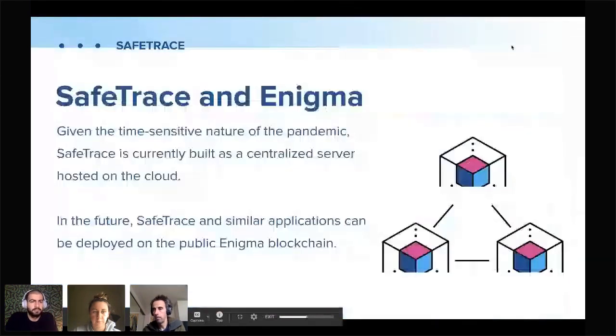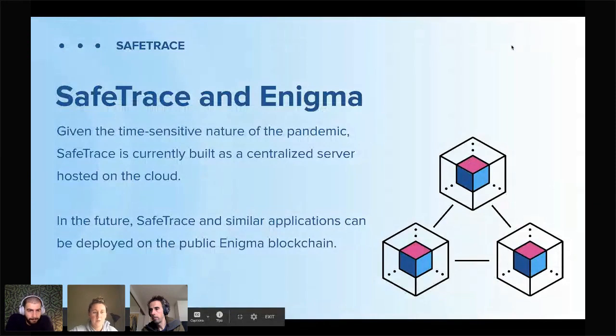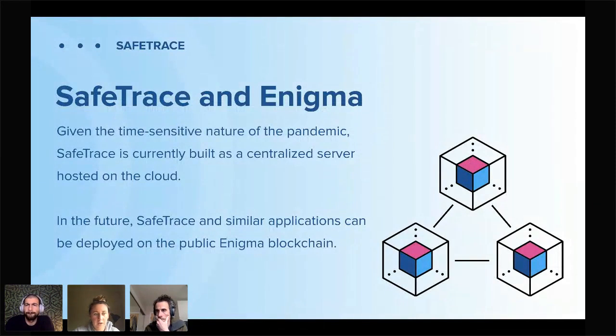And so just to wrap up here, right now we are running SafeTrace in a single enclave hosted on IBM Cloud. But this is the kind of computational task where we believe that introducing very flexible data privacy to decentralized apps is really useful.